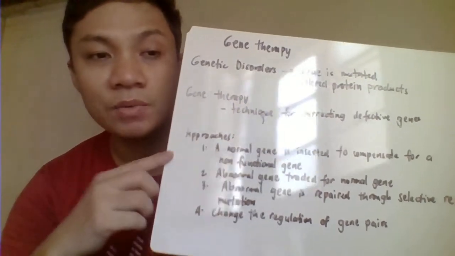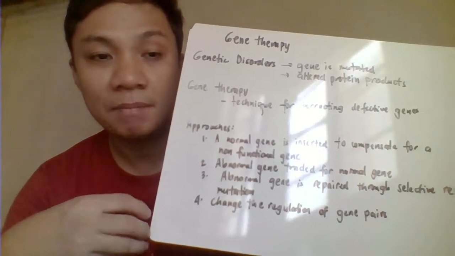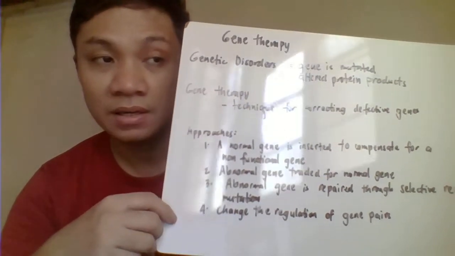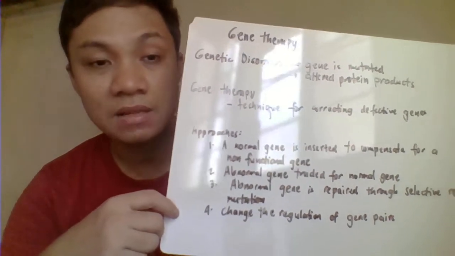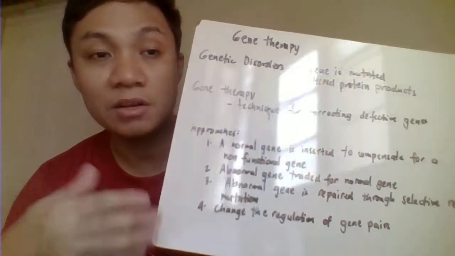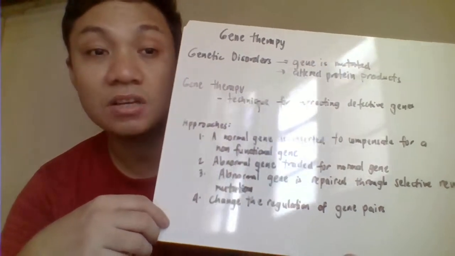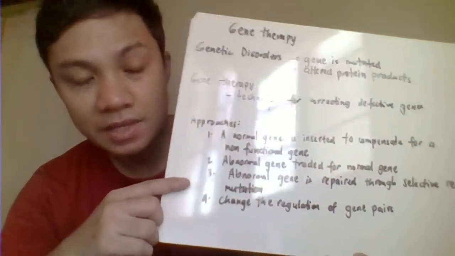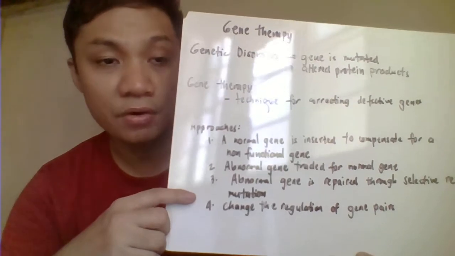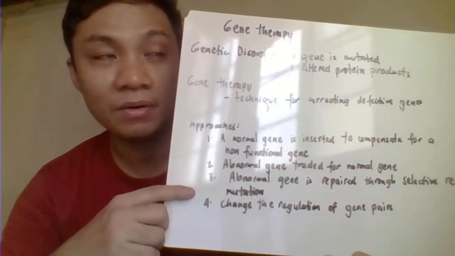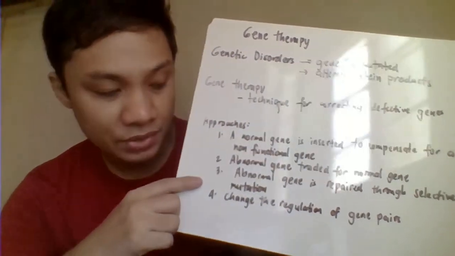Dito sa number one, pwede mo siya papanggawan ng paraan, you just need to insert your normal or your therapeutic gene, the normal gene, in order for that to be corrected or to lessen the manifestation of your genetic disease. Second one, you don't have any choice here but to replace your abnormal gene with your normal gene.